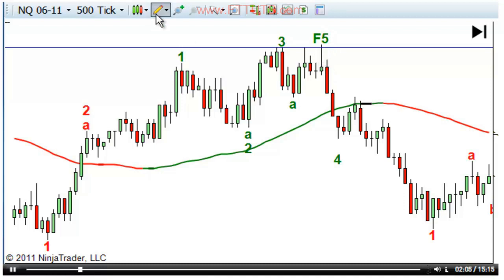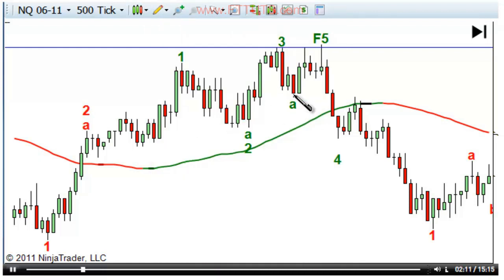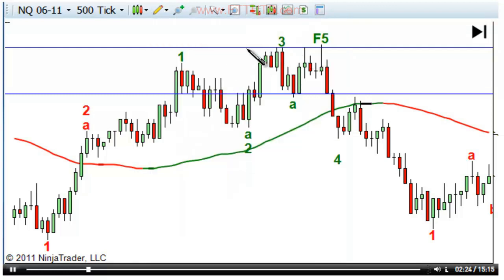Now here's what we do with traditional technical analysis. We look for the neckline, which is right here. And then we measure that distance. We'll use a drawing tool here.